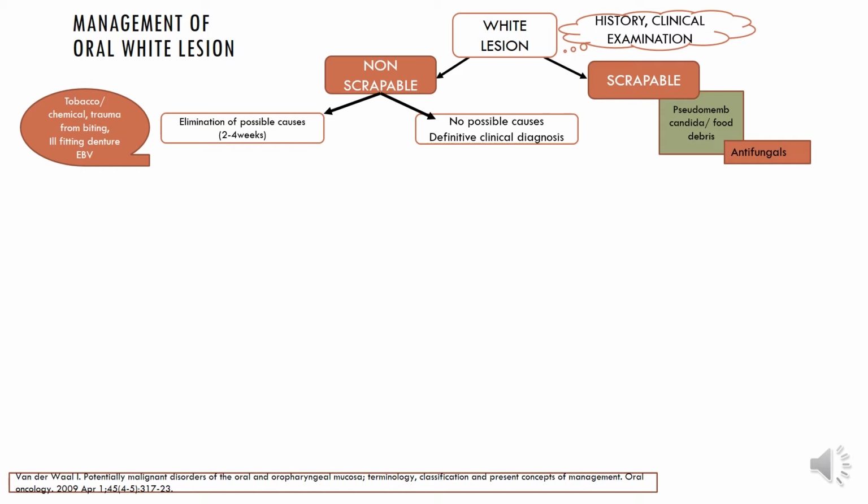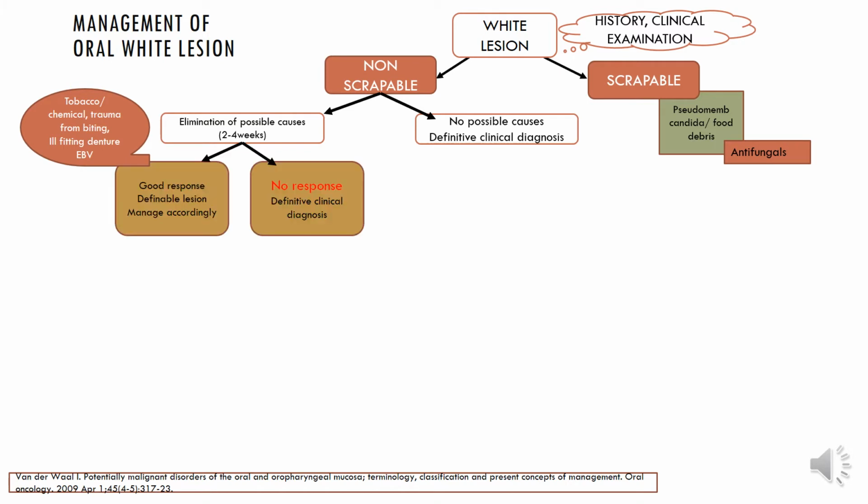Generally tobacco, a chemical burn caused by accidental chemical exposure, trauma to the area from biting, cheek biting, which we call morsicatio, a denture which is ill-fitting and leading to friction in that area causing frictional keratosis, or it could be Epstein-Barr virus leading to hairy leukoplakia.